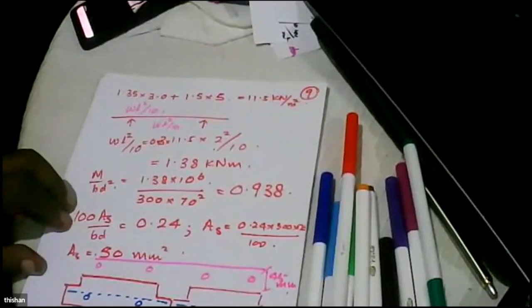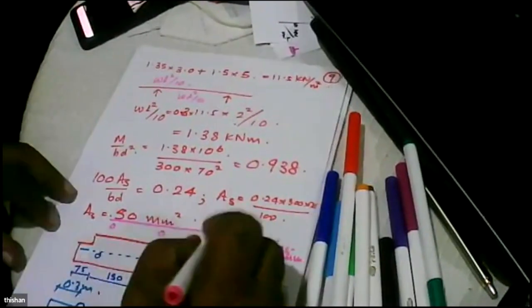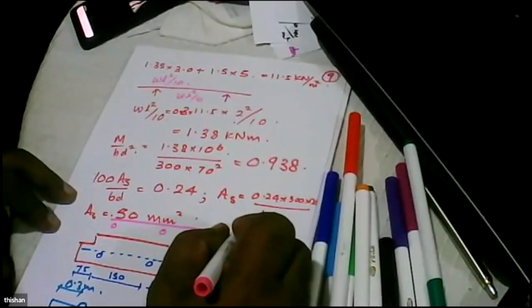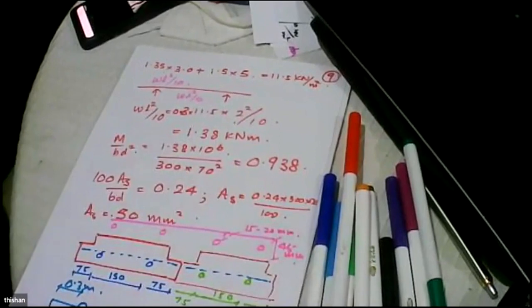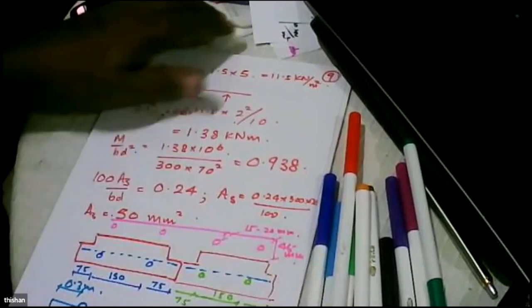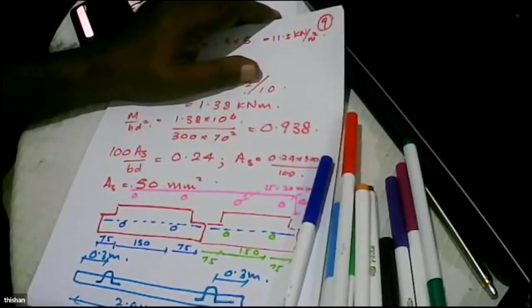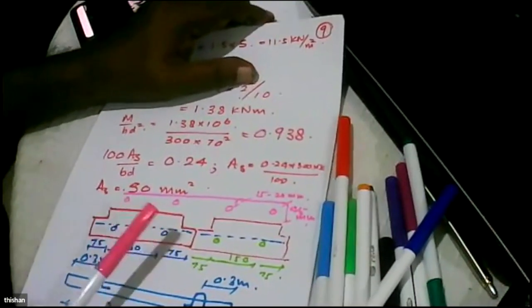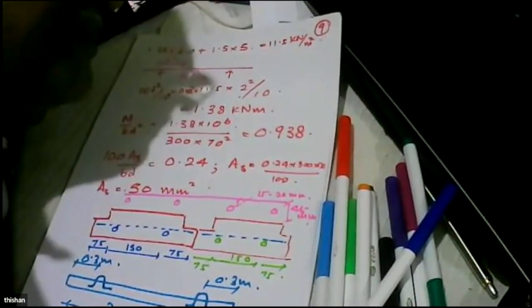We use an admixture and make good quality concrete so that we can keep about 15-20 millimeter cover at the top as well. Is that clear? Yes, that is clear.